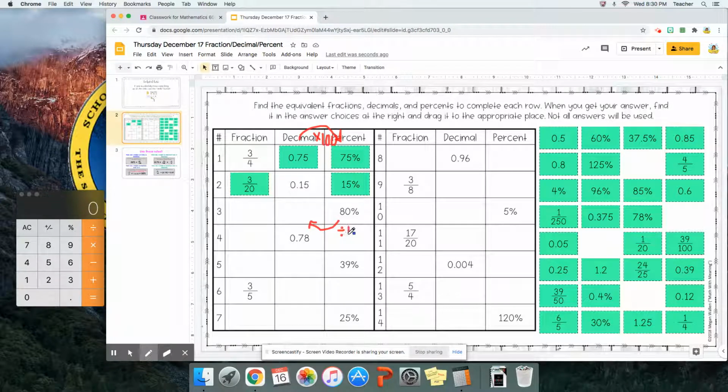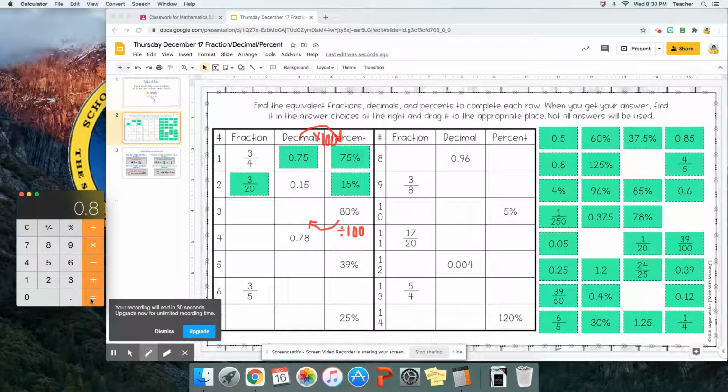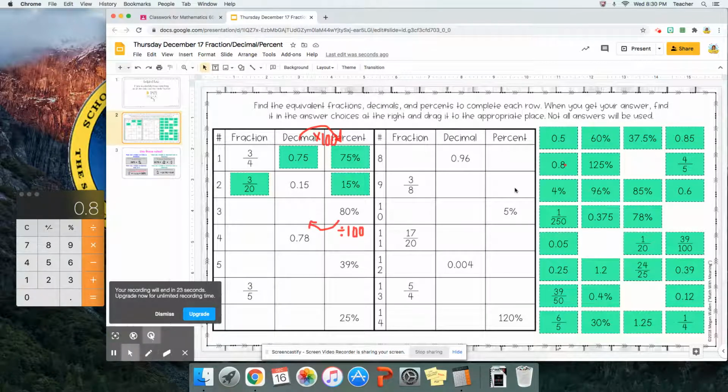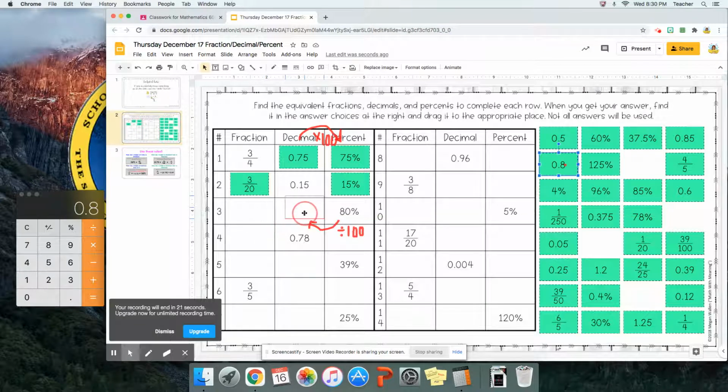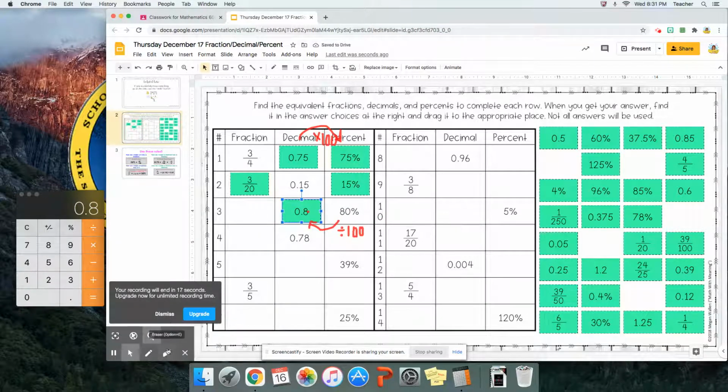And instead, we can divide by 100. So 80, I don't need to put the percent sign, divided by 100 gives me a decimal of 0.8. I can then use that same strategy I did for the previous one to find my fraction that is also equivalent.